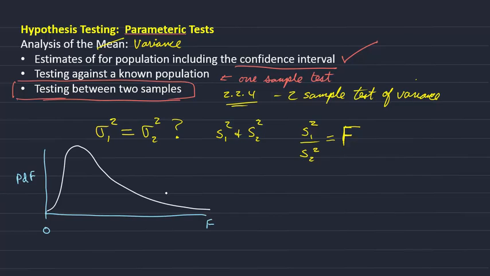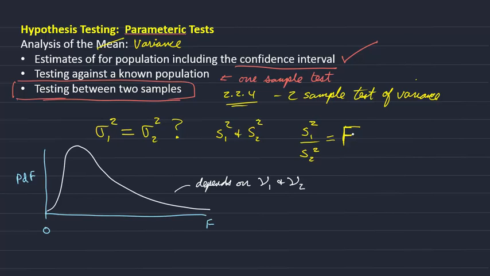Oh, and before I go into that, I wanted to mention that F depends on the degrees of freedom of the first sample and the second sample. Whereas chi-squared only depended on the degrees of freedom of one sample, the shape of the F curve will depend on both degrees of freedom. Okay, going back to our test.